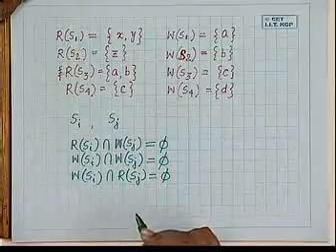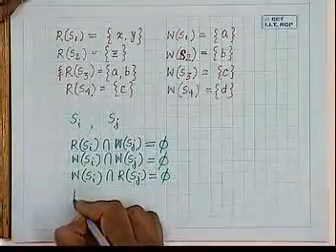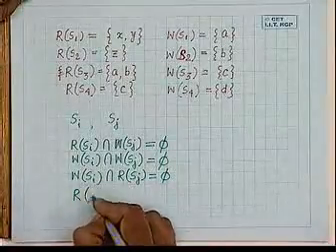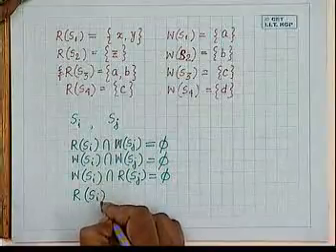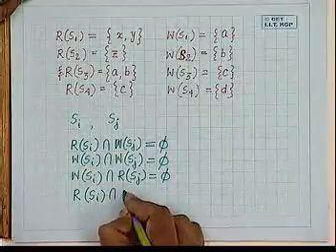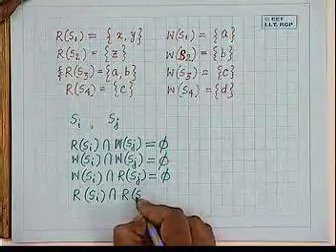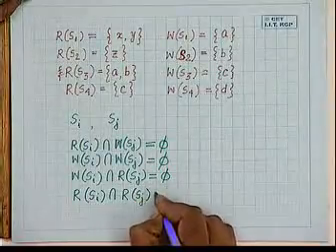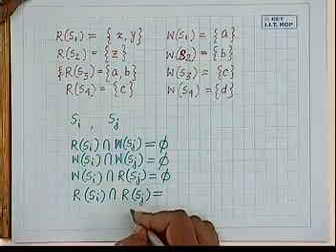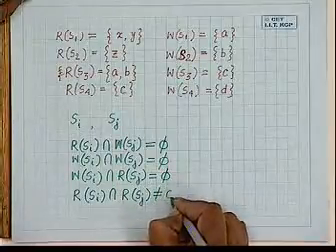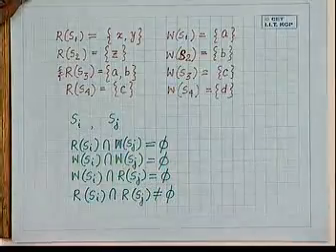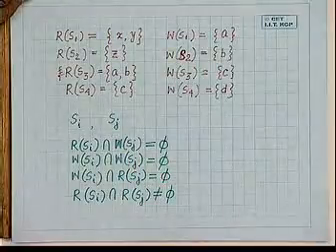However, if the read sets intersect, that does not prevent the two statements from executing concurrently. Okay, so the read set of Si intersection with the read set of Sj, that may be null or it may not be null. Okay.